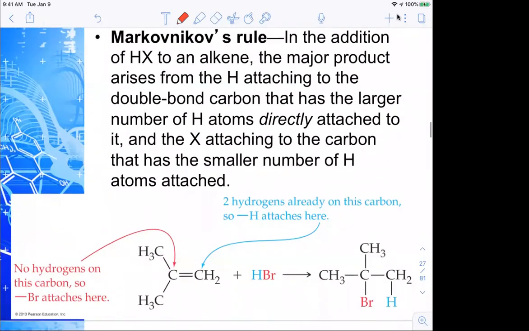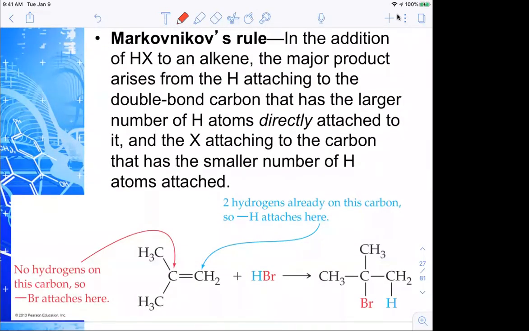So here's another statement of this. When I obey Markovnikov's rule, which is not general to this reaction, this is a rule that will apply to other reactions when I have an asymmetrical reagent.